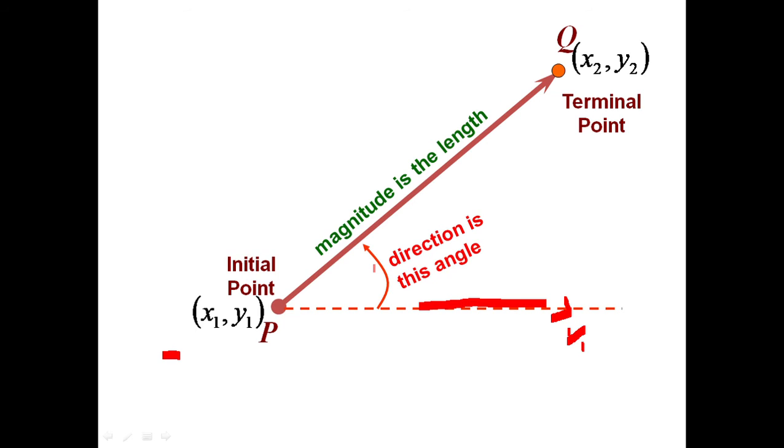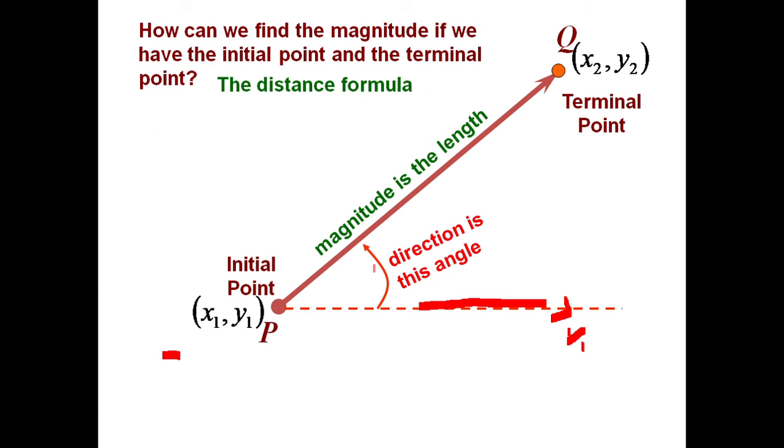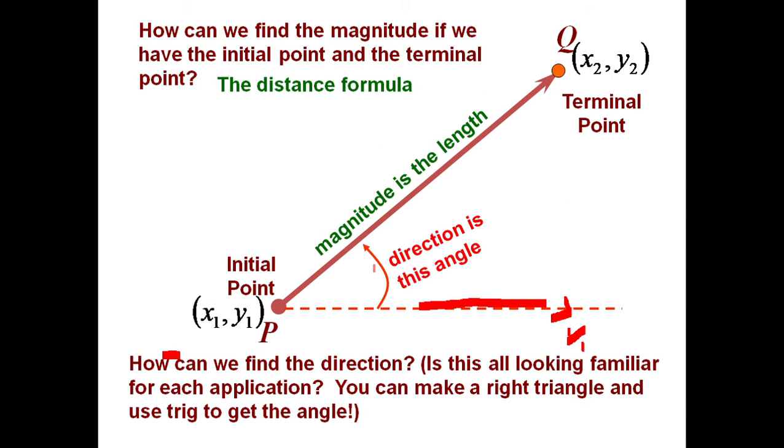We will see further how this angle of direction is converted into vector form. How do we find the magnitude of a vector? We can apply the distance formula between points P and Q to find the magnitude of the vector. And for the direction, you have been given this angle.